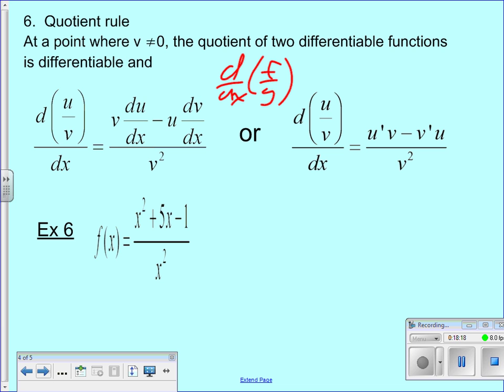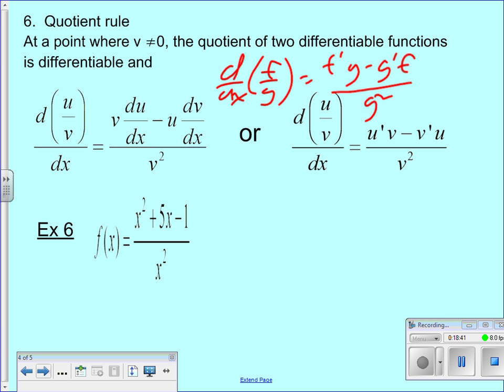This is u and v instead of f and g. Same thing. The derivative of f divided by g is f prime g minus g prime f all over g squared. I will often do that. I use what the textbook uses on this. U and v's are very common in what they do.